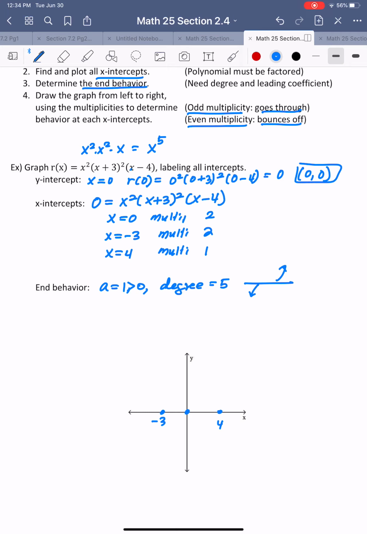So 0 is touch, negative 3 is touch. It goes up, 4 is a cross, going back to the 0, and then bounces off, and bounces up to the negative 3. So that's all for the graph.